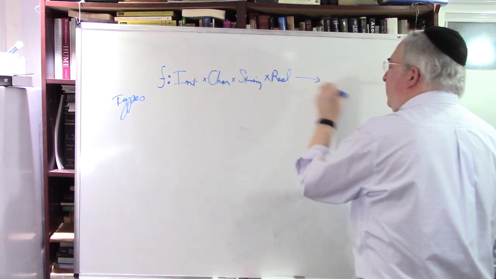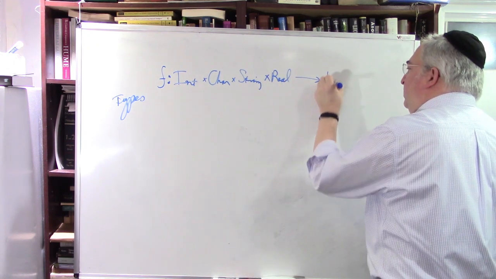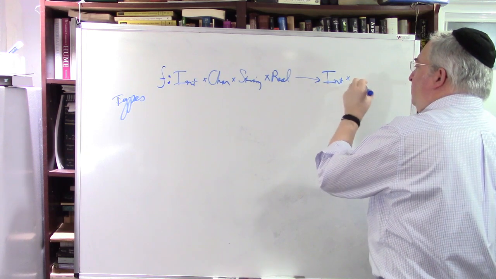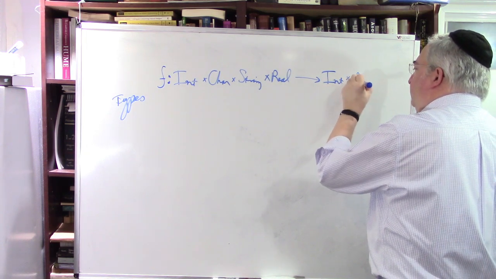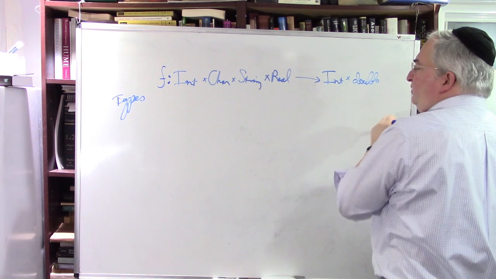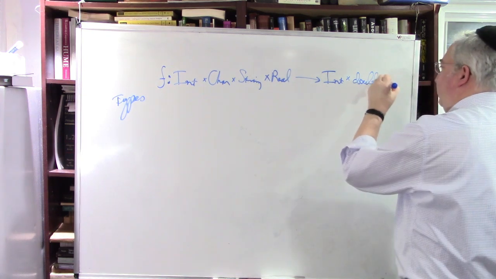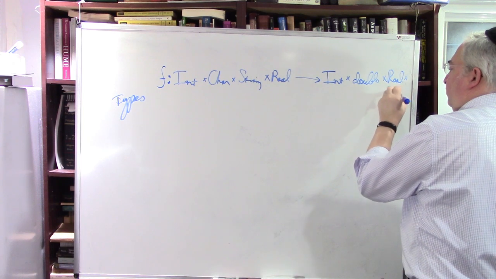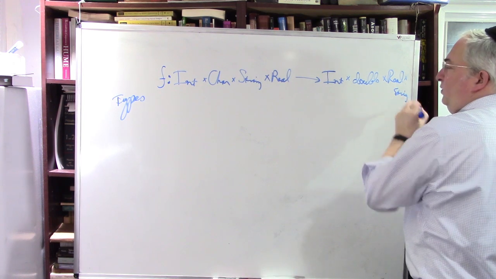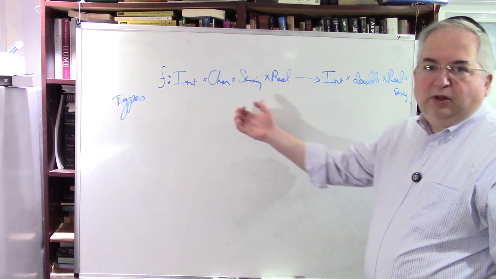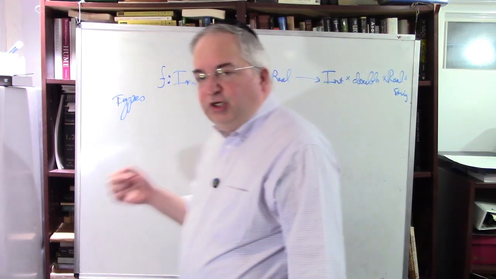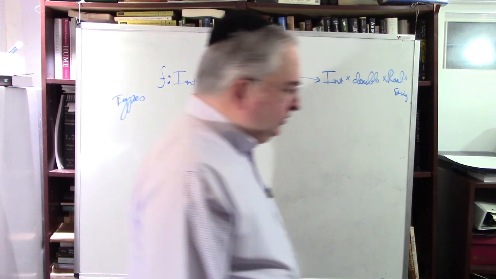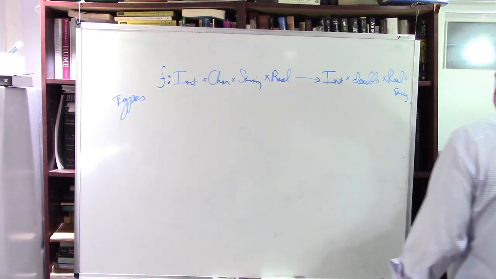And you might get an output: an integer cross a double, that's another thing that computer scientists talk about, cross a real, cross a string. So this is a typical type of function that computer programmers might deal with.